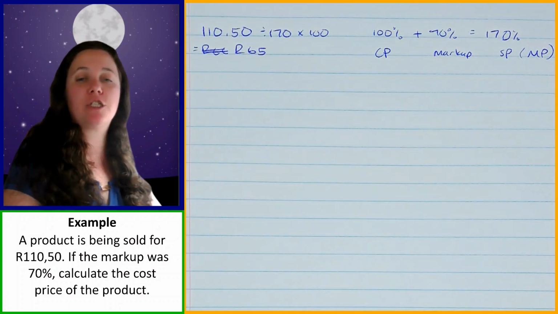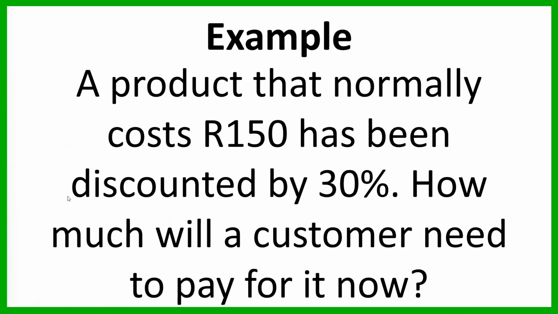All right, the next question over here, a product that normally costs 150 Rand has been discounted by 30%. How much will a customer need to pay for it now? Okay, so just like in the last one, we have an amount that is being affected by a percentage, okay?